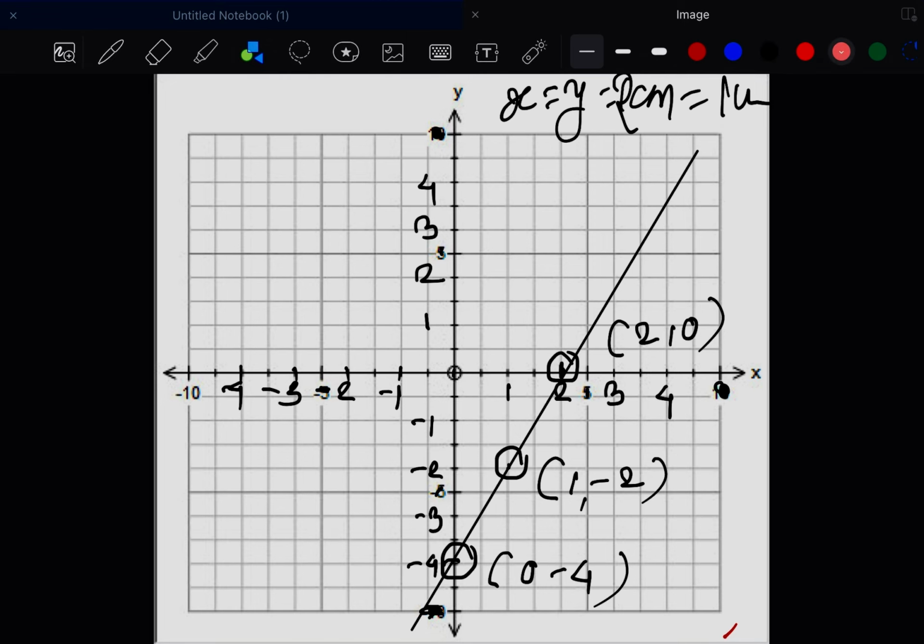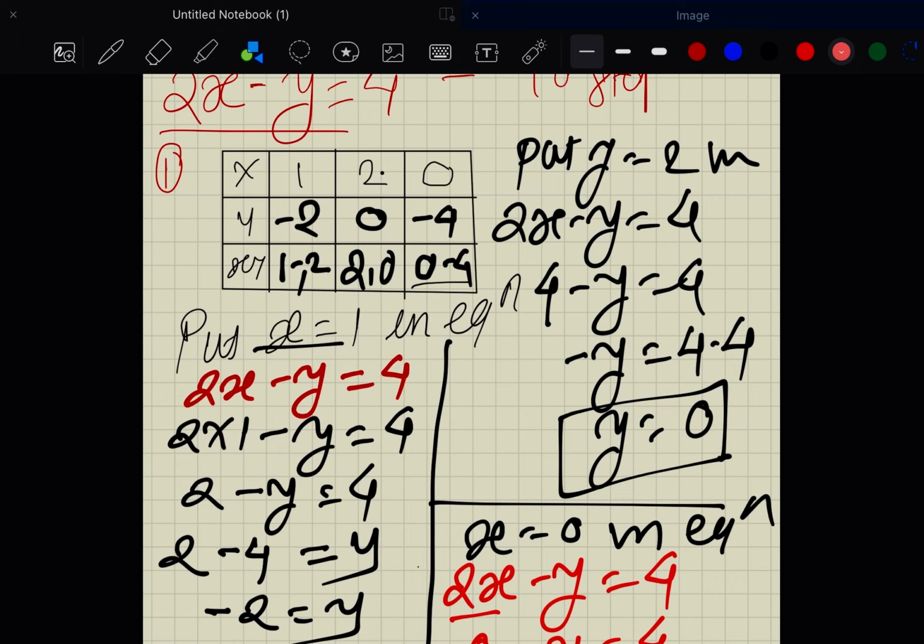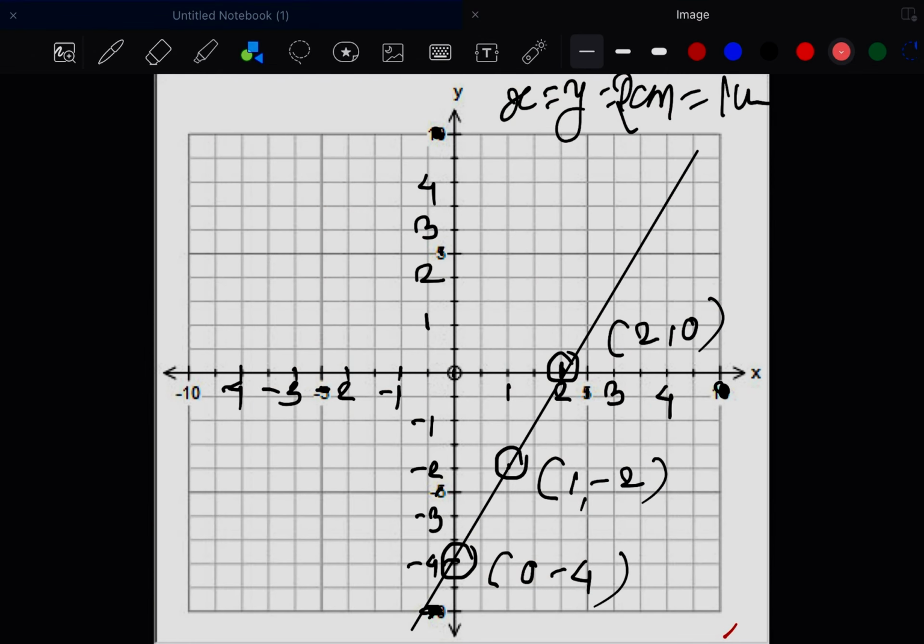Your equation is 2x minus y is equal to 4. So write down here 2x minus y is equal to 4. So this is the graph for your equation. We have to draw a graph like this.